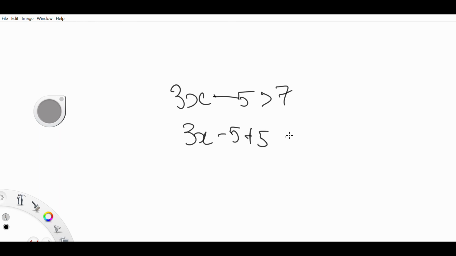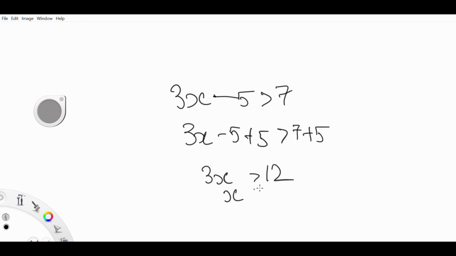For example, we have 3x minus 5 is greater than 7. To solve for this, all we need to do is 3x minus 5 plus 5 is greater than 7 plus 5. And we get 3x is greater than 12.